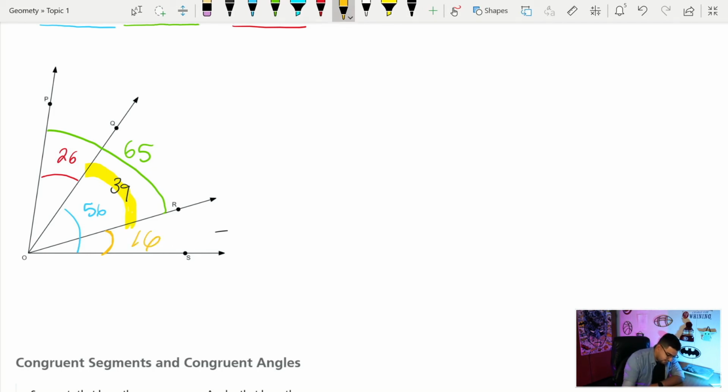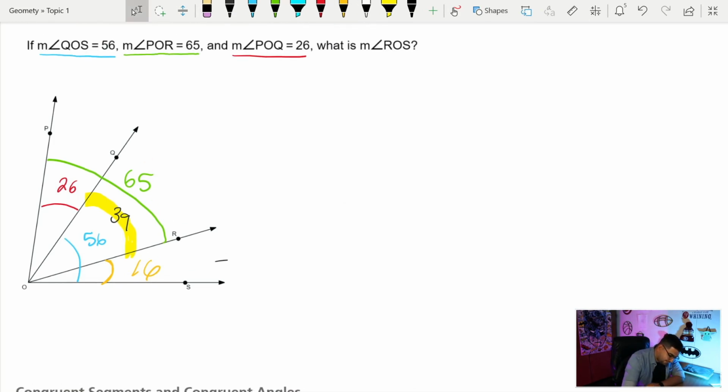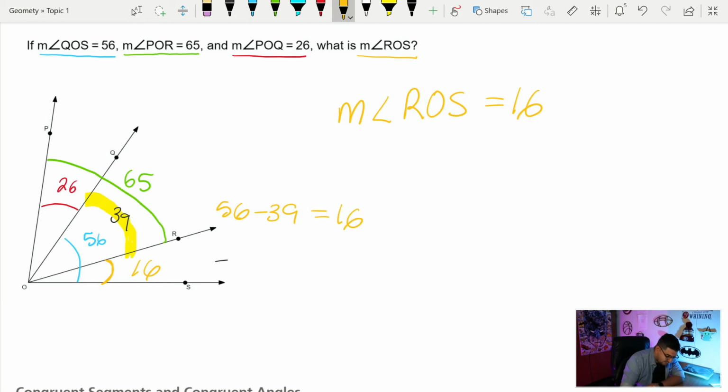Okay, it's a lot of work for one problem, but like I said in the previous problem, if you need to rewatch this, go ahead and rewatch this. So I know that angle ROS is equal to 16. The reason I found that was because 56 minus 39 equaled 16. So that would be my final answer in this case.